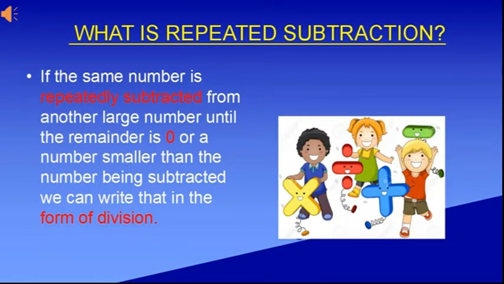What is repeated subtraction? If the same number is repeatedly subtracted from another large number until the remainder is 0, or a number smaller than the number being subtracted, we can write that in the form of division.